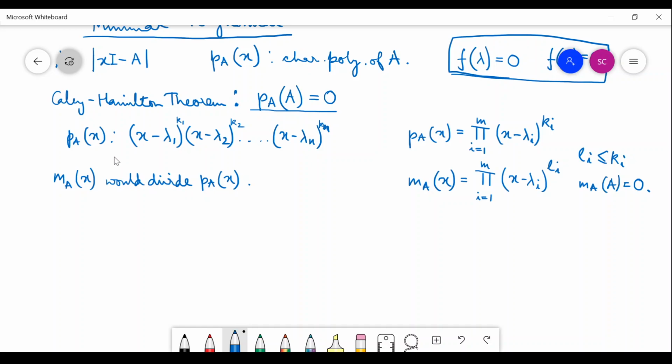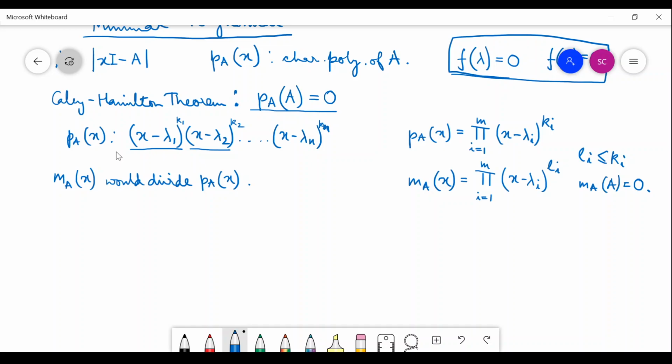That means each irreducible factor, this is one irreducible factor, this is another irreducible factor. So each irreducible factor of P_A(x) is also a factor of m_A(x). That means all these factors must be present in m_A(x), but they can be present with an index which is lesser than that in the characteristic polynomial. That is what can happen.